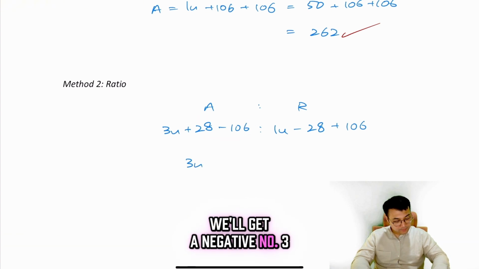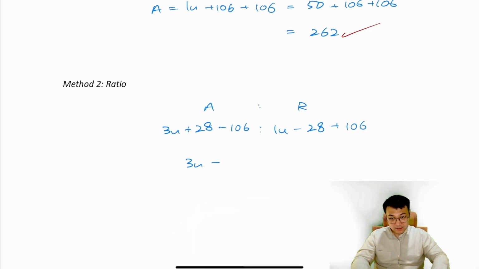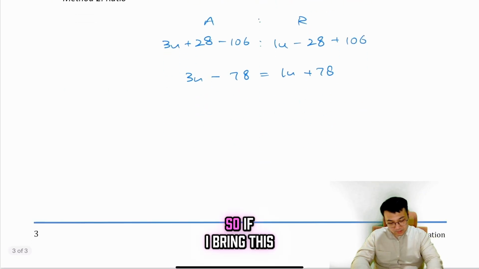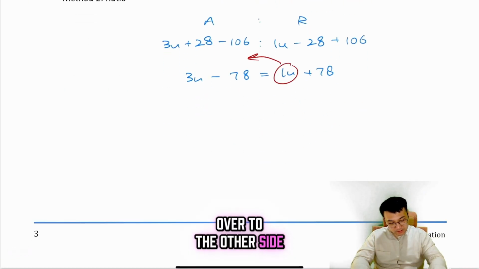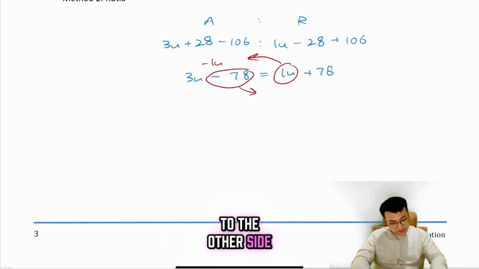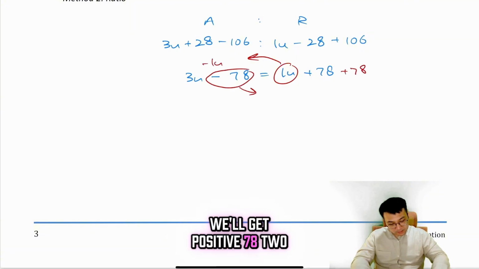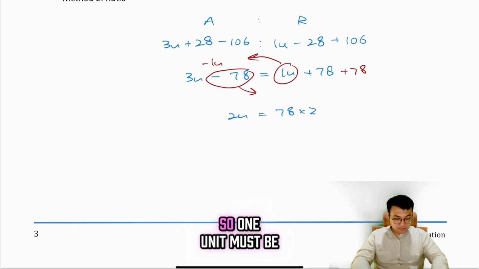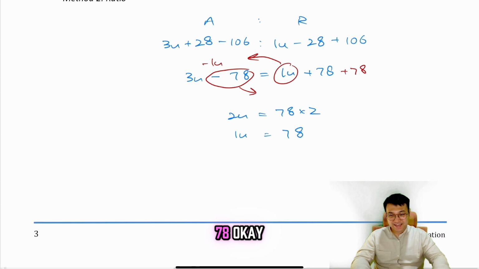Well, we'll get a negative number. 3 units minus 78 equals 1 unit minus 28 plus 106 plus 28 plus 78. So if I bring this over to the other side, I'll get negative 1 unit. If I bring this over to the other side, we'll get positive 78. 2 units equals 78 plus 78. So 1 unit must be 78.